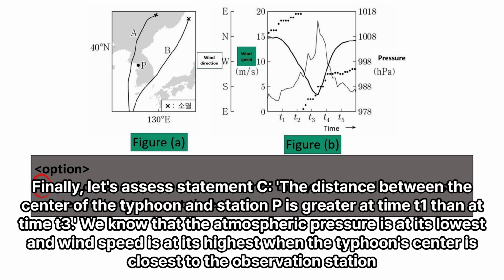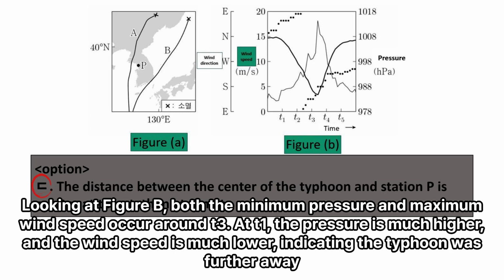Finally, let's assess Statement C. The distance between the center of the typhoon and Station P is greater at time t1 than at time t3. We know that the atmospheric pressure is at its lowest and wind speed is at its highest when the typhoon's center is closest to the observation station. Looking at Figure B, both the minimum pressure and maximum wind speed occur around t3.